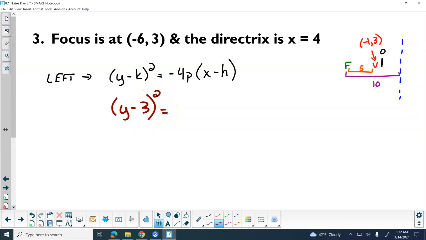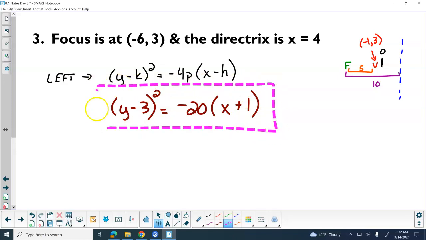Negative 4 times my p value is negative 20. X minus negative 1 is x plus 1. Don't have to have a graph in order to do this. Okay? Questions on this one?